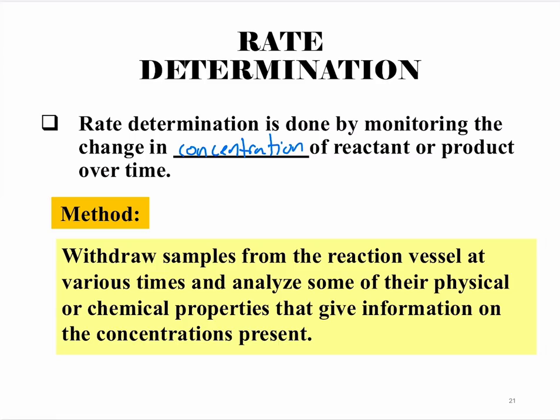This is what you guys are going to be doing in lab today: looking at the change in concentration of a permanganate ion over time, by observing a specific property. Generally you withdraw samples at specific time intervals after you've initiated the reaction and then measure the concentration at that time.